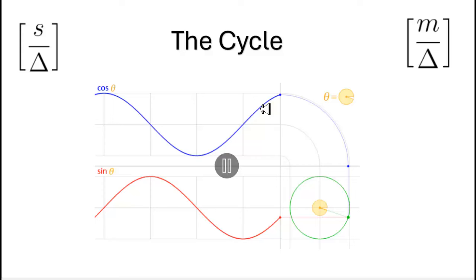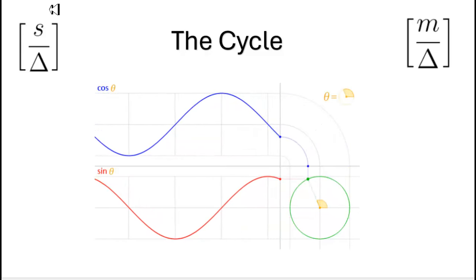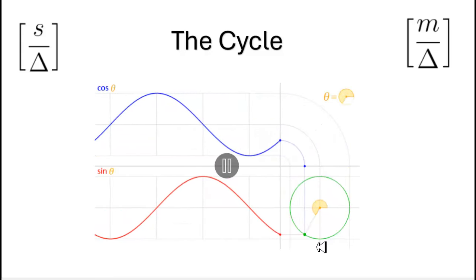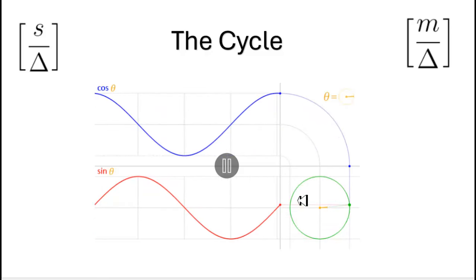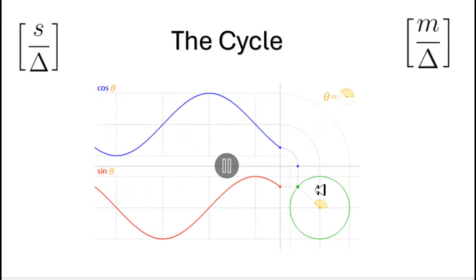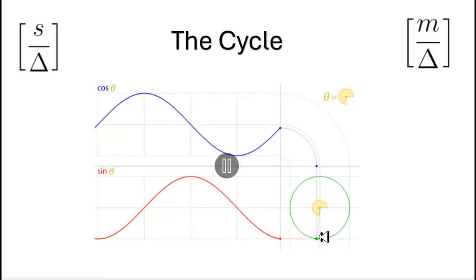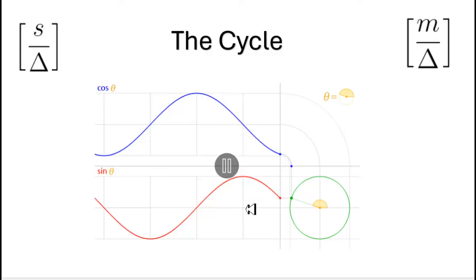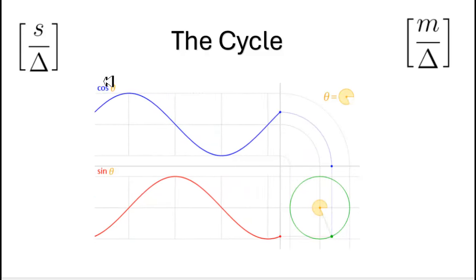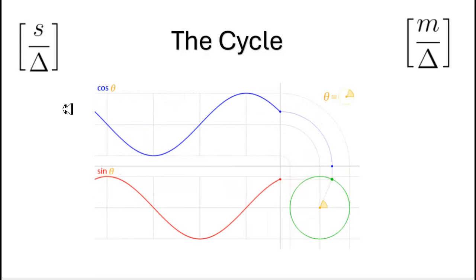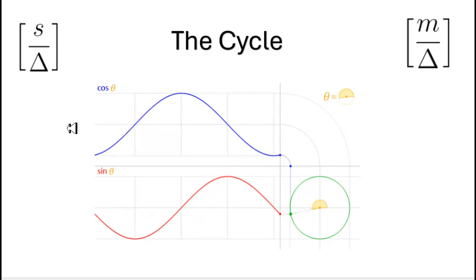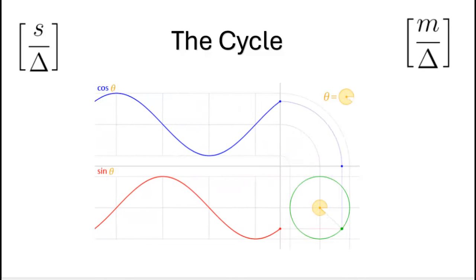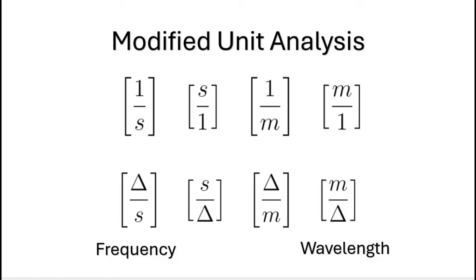So meters per cycle is the wavelength, and seconds per cycle is the amount of time it takes for one cycle. So in this discussion, I want us to really think about the time it takes for a cycle, and the length of the wave that is created in that time period. So that is why I want to put that there. And let's just have a quick look at the units again.